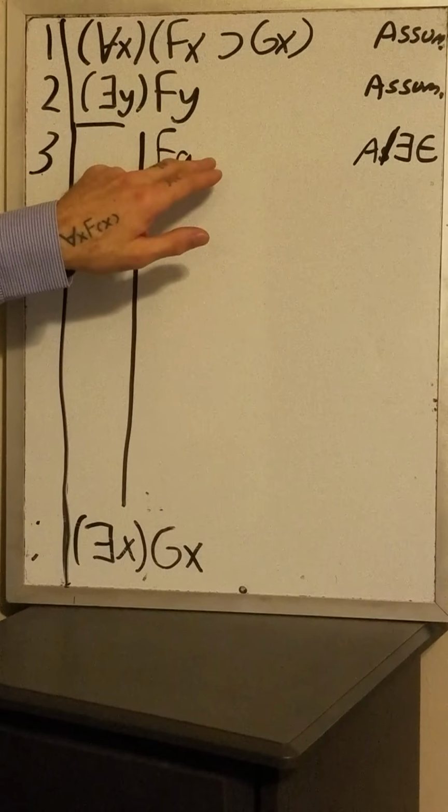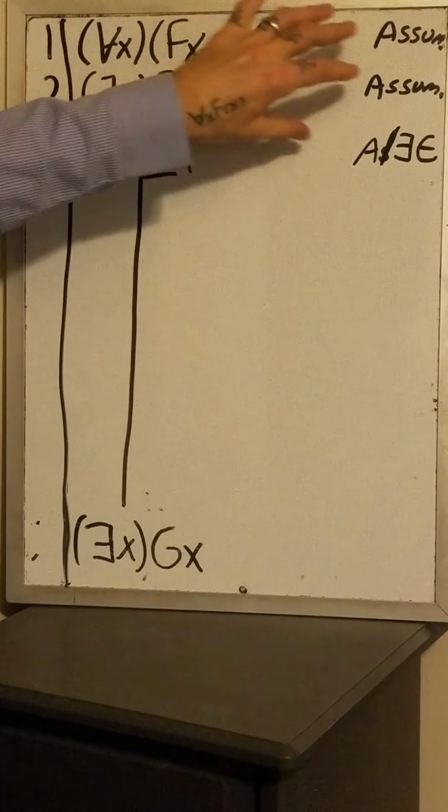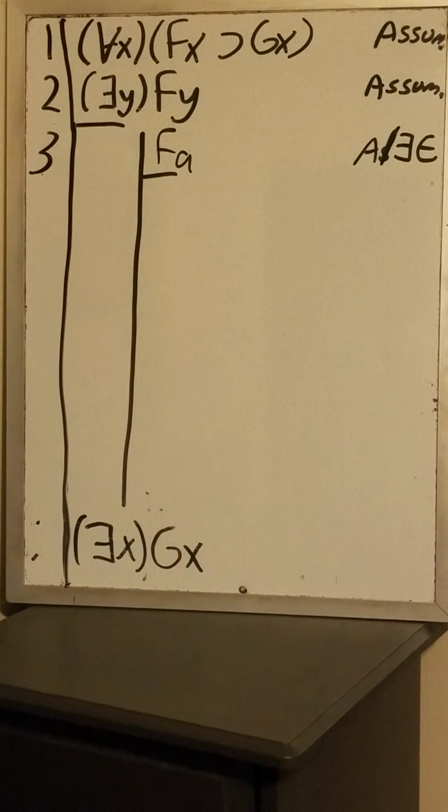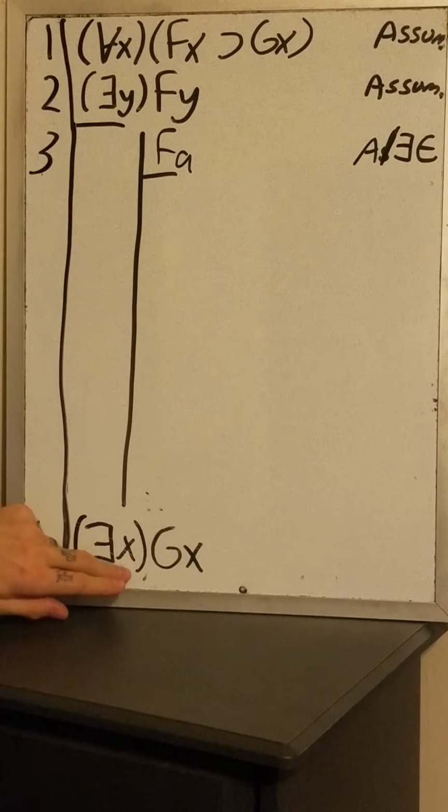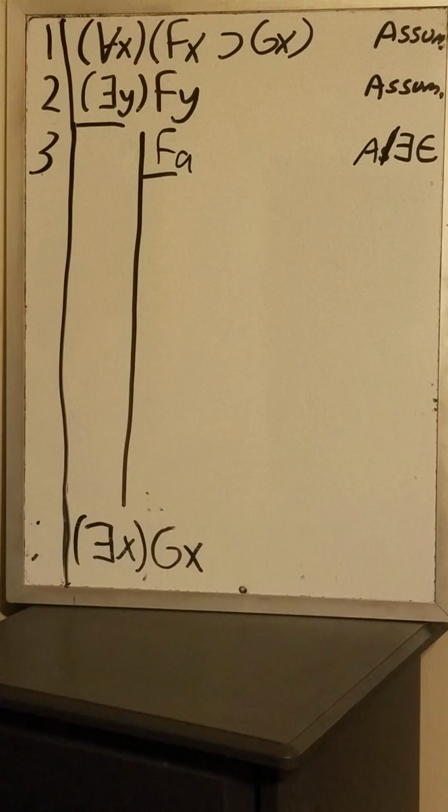Here there are no constants in this yet, so we can just start with A, okay? Now from here, this should be fairly simple. This is what we're trying to get to, all right? And if we can get that in this subderivation, then great.